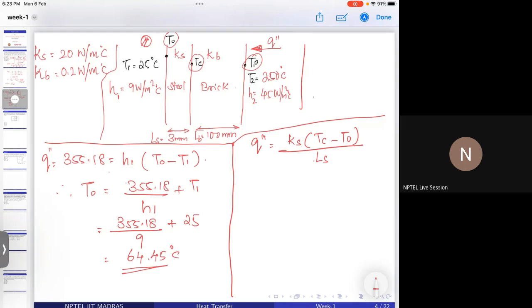Ks we know is 20. Tc we need to find out. T0 we got 64.45. L is already given, 3 mm. If you convert to meters, this will be the expression. So what is Tc? Can you please calculate and tell?